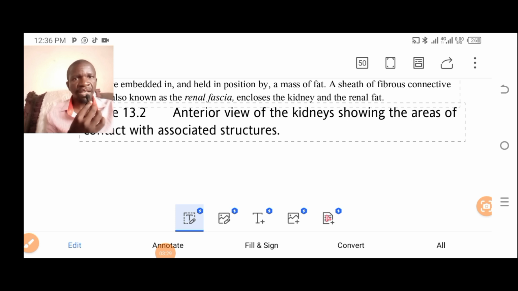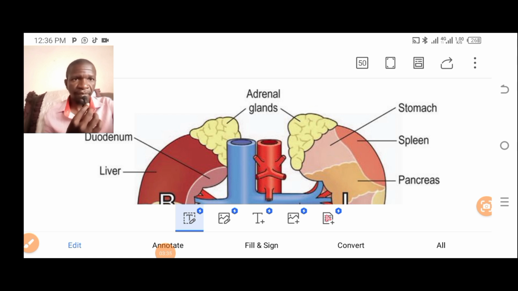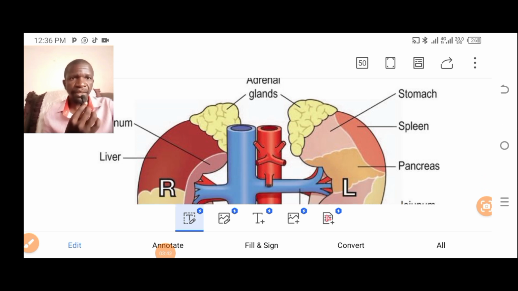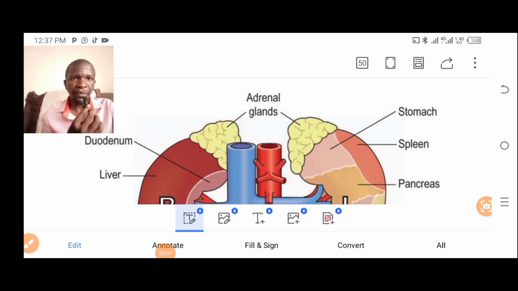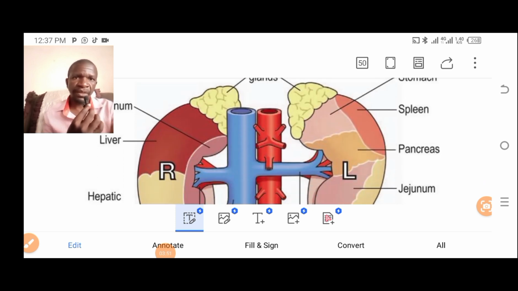The anterior, this is the front part of the kidney. That's the anterior part. The posterior part is the back part of it. So this is the anterior part. It is associated with the adrenal glands. Right on top of the kidneys, there are adrenal glands. Right? On this part, you can see there is a duodenum. Right? On the other part, it's associated with the liver.